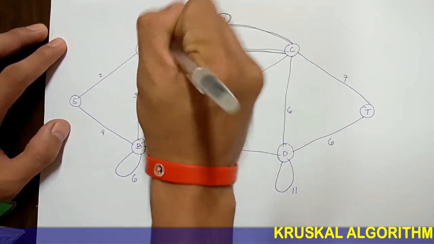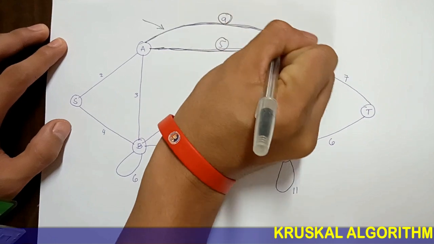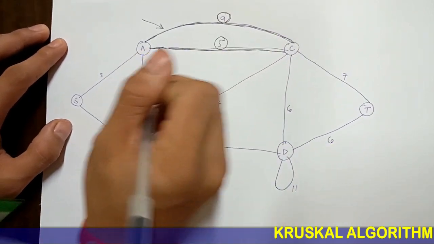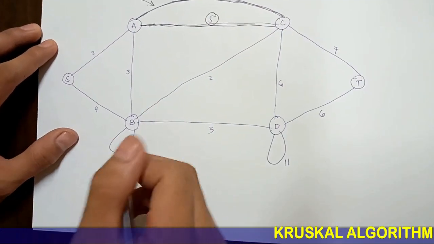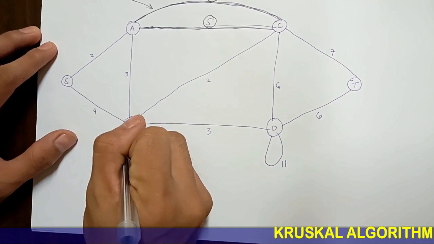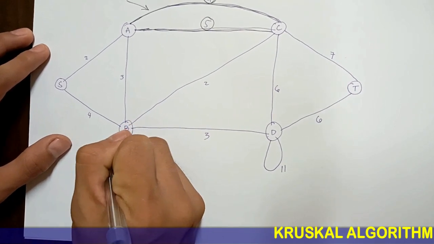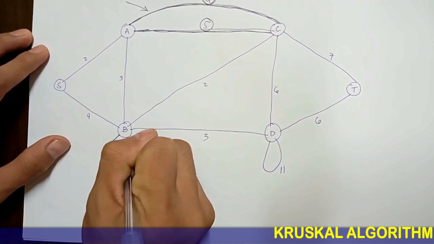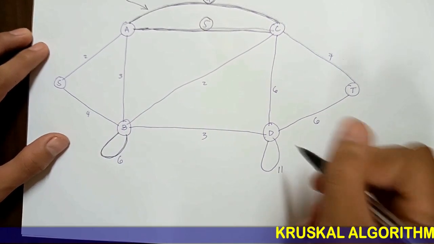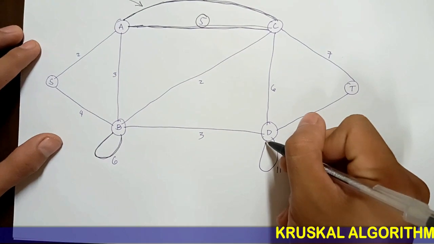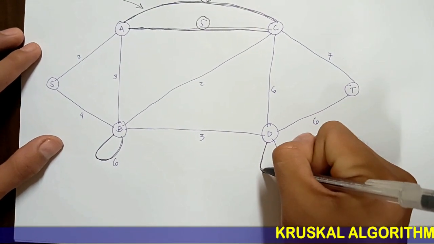So we need to remove the highest weight of edges between two vertices. We also have a loop which occurs in vertex B with the weight of 6 and vertex D with the weight of 11.